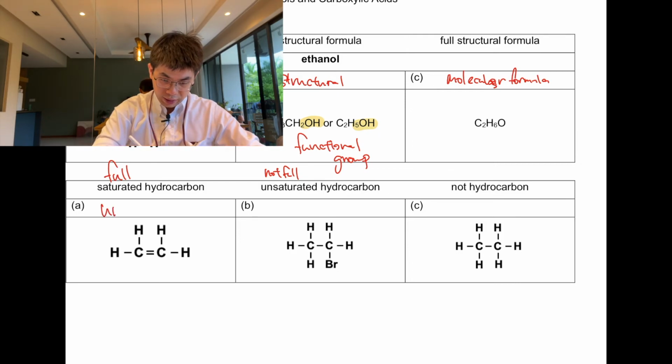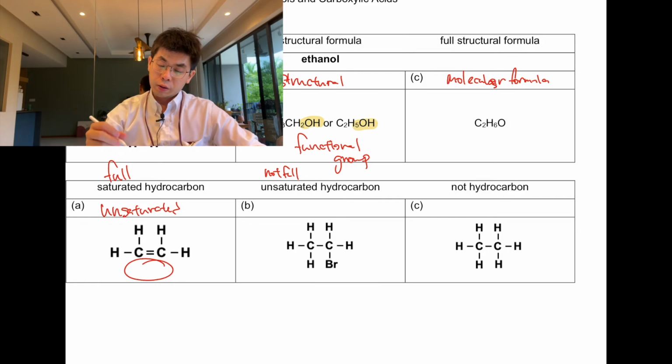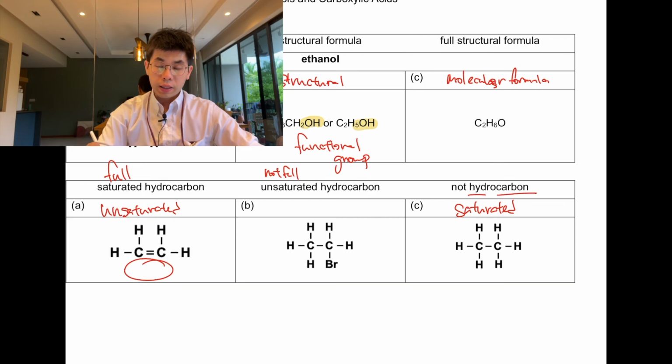So this is unsaturated, because you see there are spaces below. And then the one on the right here, this is saturated. And this is a hydrocarbon. The word hydrocarbon means that there's only hydrogen and carbon. But if you look at B, there is bromine. So this is not a hydrocarbon.